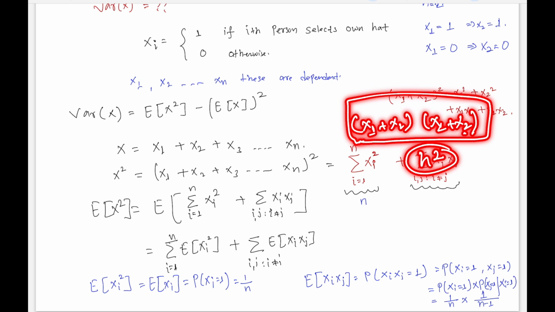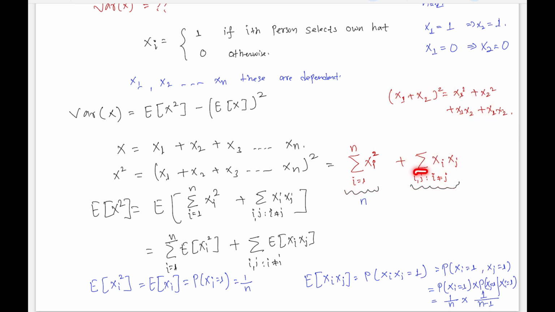So the total would be n square, and out of this, if this kind of term is n and the total is n square, then how many terms will be the other kind? n square minus n, or in simple terms, n times n minus 1, right?